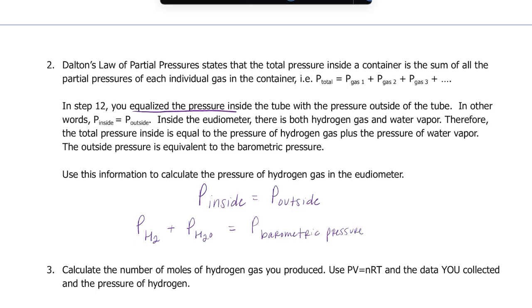So we can find this number in our data table. Most likely, you're going to have this number already filled in. And then what we're going to be doing is calculating the pressure of hydrogen.